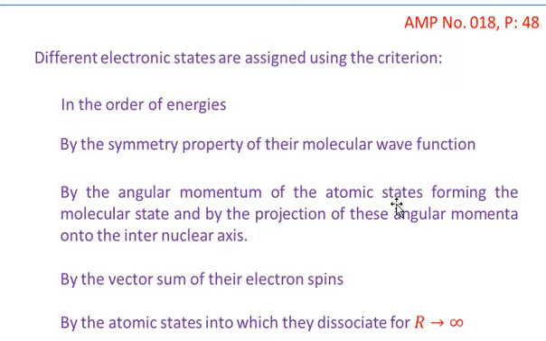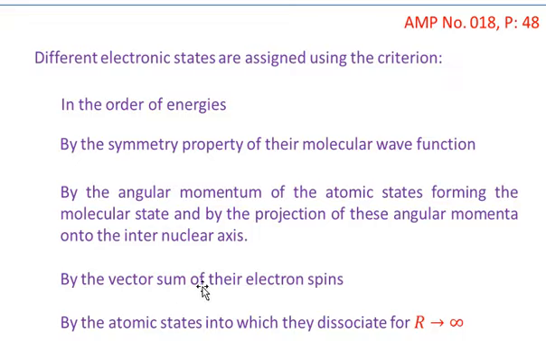So there will also be a projection of the total angular momentum on the internuclear axis or the z axis. On the basis of that, the electronic states may have different energies, and they will also be categorized according to the value of the total angular momentum of the molecule.